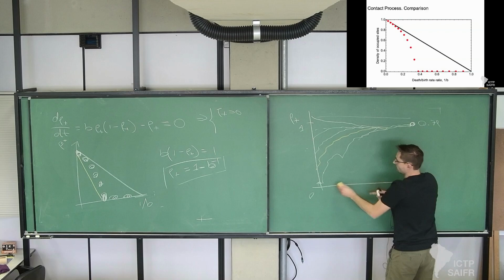I don't know, 0.81 or 0.87. Always a higher one. And this is what this curve is telling me: this approximation, when I do the trajectories, always goes to a fixed point that is higher than the numerical simulations.